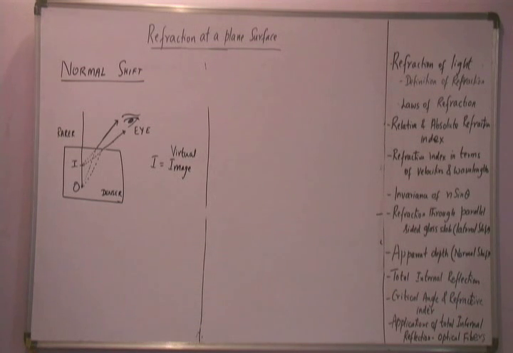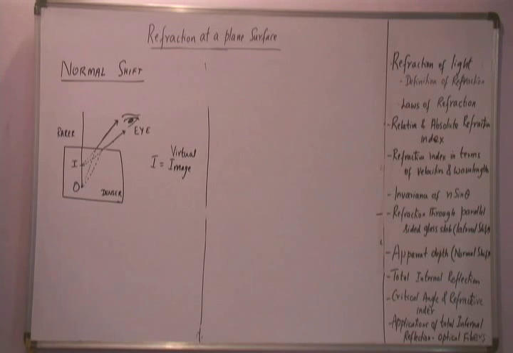So the object O, although it is at this location, appears to us as if it is at location I because of the process of refraction, and this phenomenon is known as normal refraction because we are observing closer to the normal.